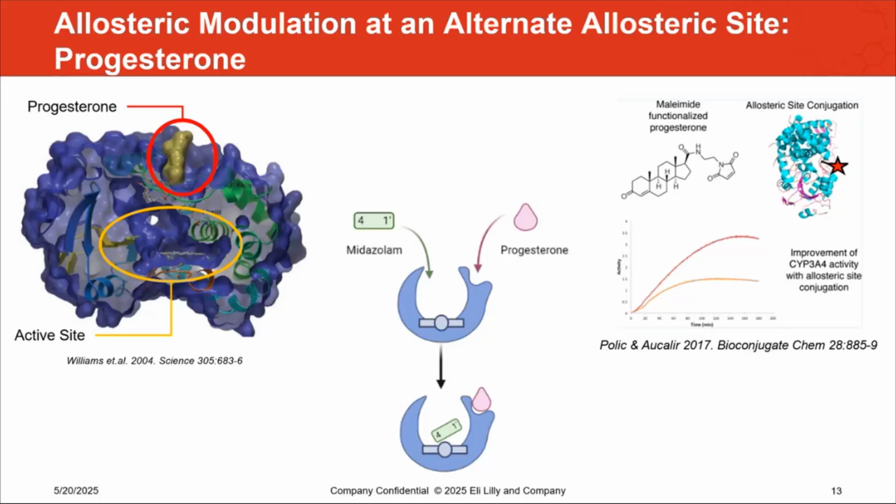Even though they incubated with different concentrations of progesterone, they were not able to capture progesterone inside that active site. It preferred the allosteric site. There's been biochemical work demonstrating that mutations in the phenylalanine affect CYP3A4 activity, but if you covalently bind progesterone to that phenylalanine cluster, you actually recover and improve the activity of the enzyme.